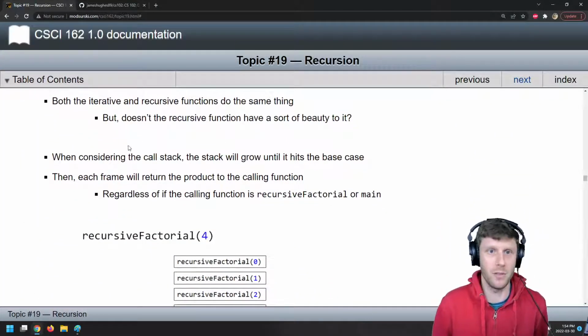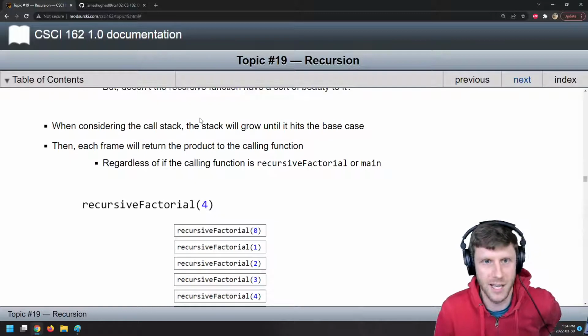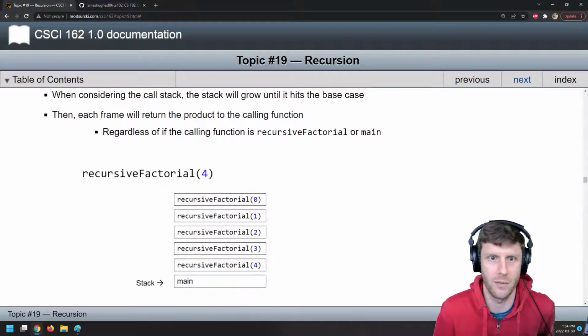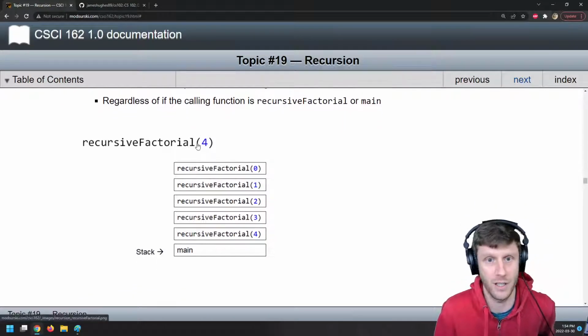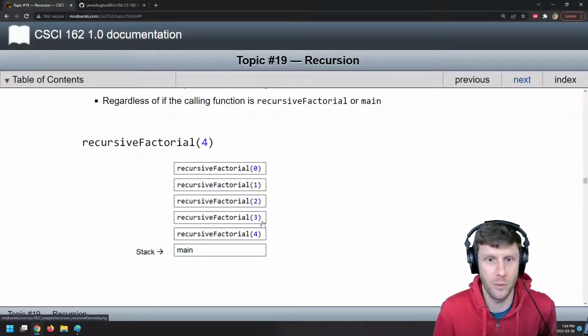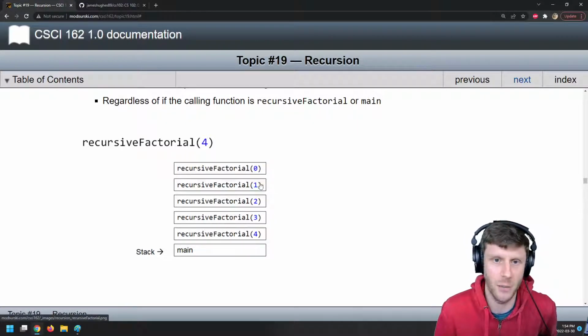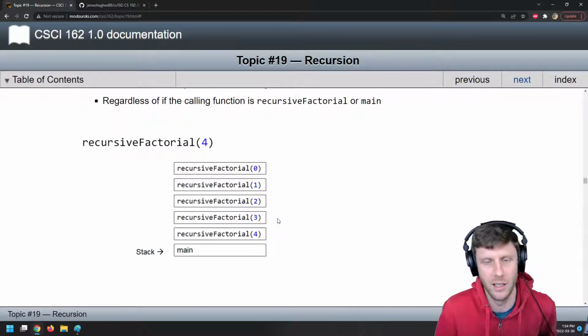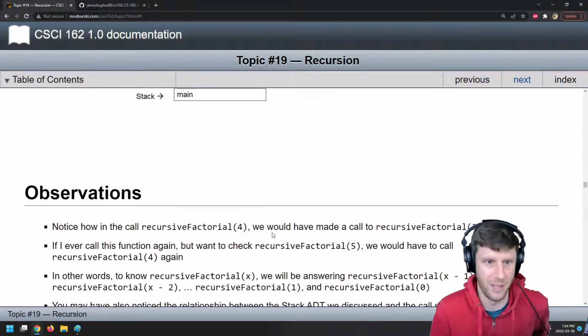Okay, both the iterative and recursive versions. When considering the call stack, the stack will grow until it hits the base case, then each frame will return the product to the calling function. So recursive factorial 4 will go to 4, 3, 2, 1, 0, and then start returning the values to the calling methods.